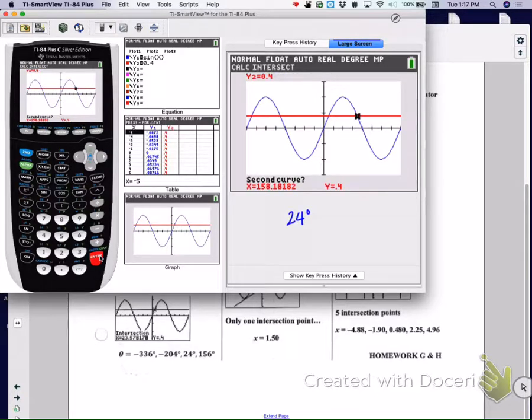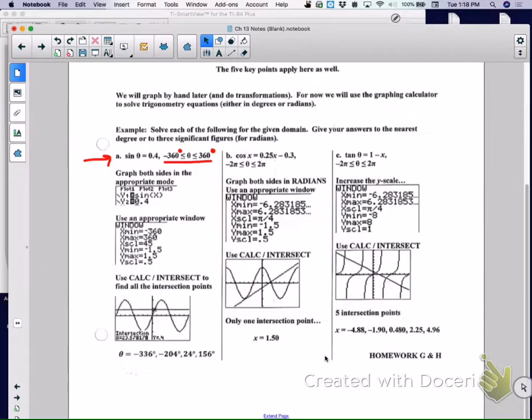If you don't use the window that they've given you, you might be tempted to find answers that are not allowed. So if for some reason I graph this to say 700 degrees, I'd have to be sure that I don't give any answers that are past 360. Okay, so this will be another one, 156 degrees, and so on. So you can see on your notes here, those are the 4 different places where it would intersect.